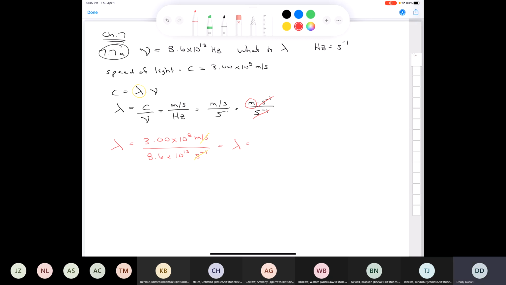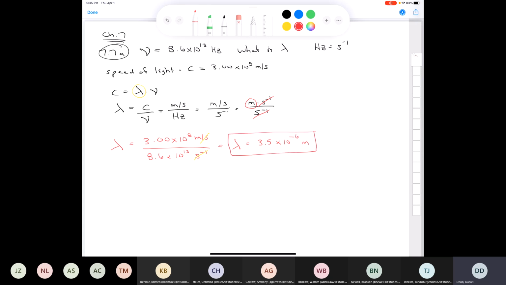So I have 3 times 10 to the power of 8 divided by 8.6 times 10 to the power of 13, and I end up with a number which is, no, that's not right. So I have 3 times 10 to the power of 8 divided by 8.6 times 10 to the power of 15. That's more like it. I end up with, and I should only have 2 sig figs, 3.5 times 10 to the negative 6 meters. So that is my wavelength.